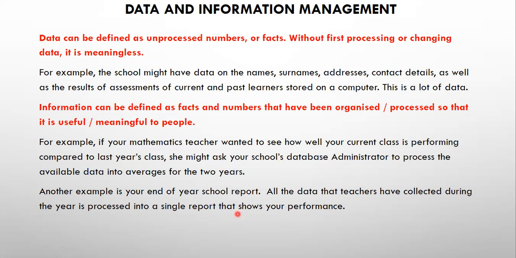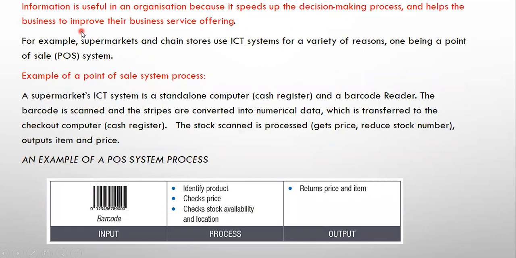So your marks are the raw facts, but your report is the information. Right. Information is useful in an organization because it speeds up the decision-making process and helps the business to improve their service offering. So information is useful because it helps you to make decisions.